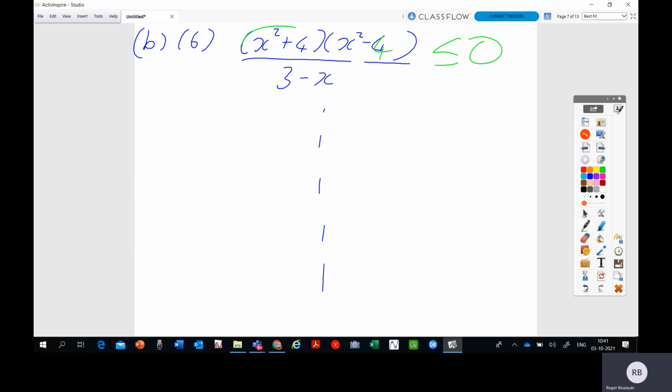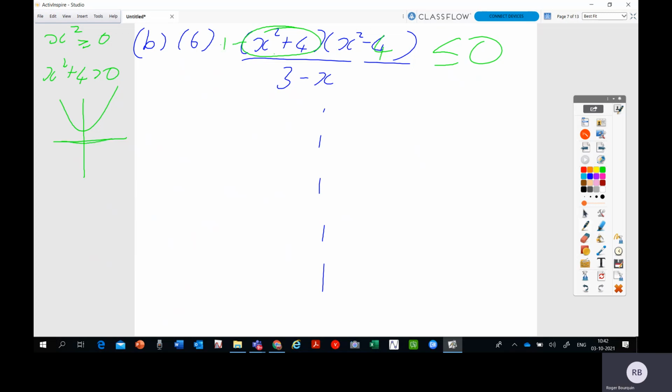The key thing here, guys, is that x squared plus 4, no matter what your value of x is, is always going to be positive, because x squared is always greater than or equal to 0. So x squared plus 4 must definitely be bigger than 0, not even bigger than or equal to, bigger than 0. Think of the parabola x squared plus 4. That's always above the x-axis. It's got no critical values and no x-intercept.